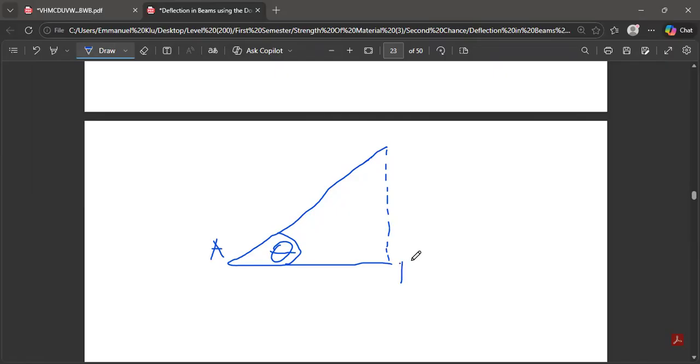So let's say here is our FAC, and here it becomes our FAB, and then here, as you know, is already A. Since it is the origin, I can name it FAO.